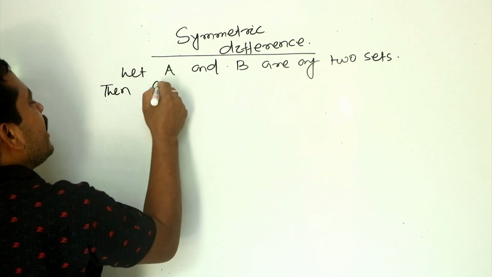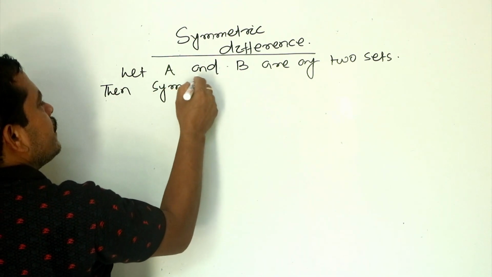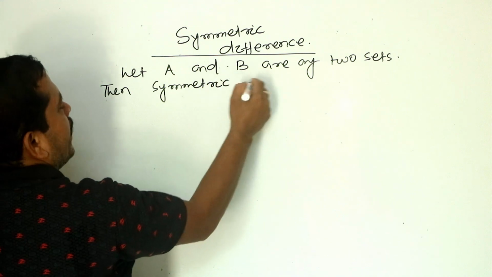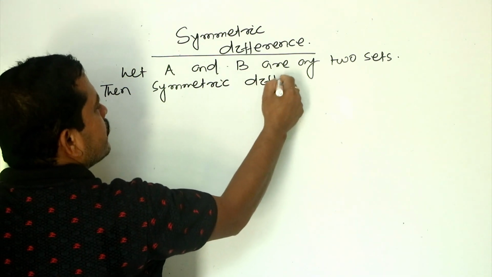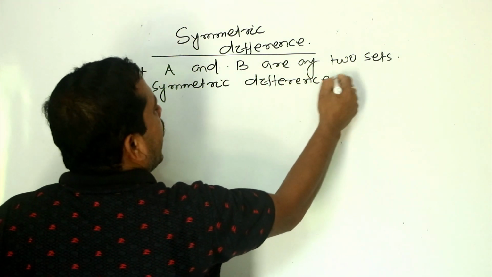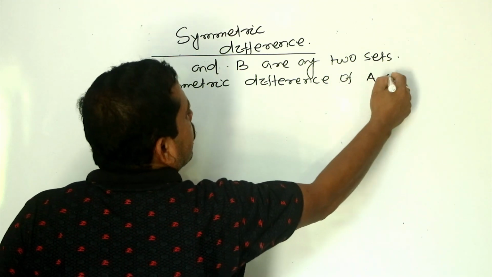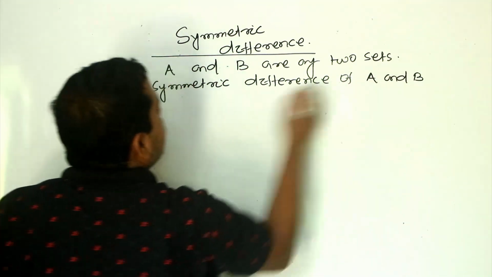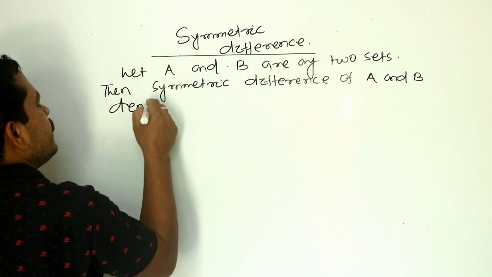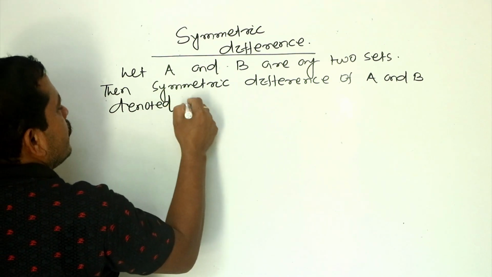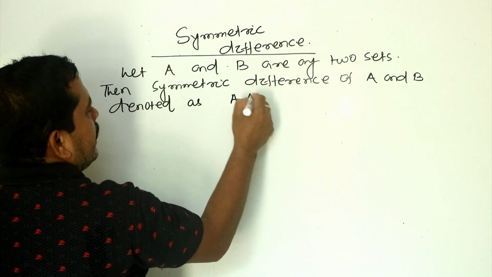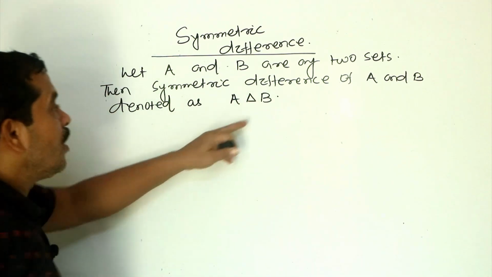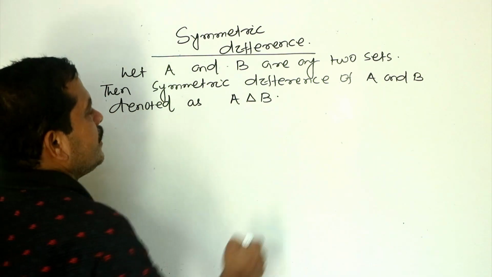Then the symmetric difference of A and B is denoted as A delta B. That is the symbol for the symmetric difference.